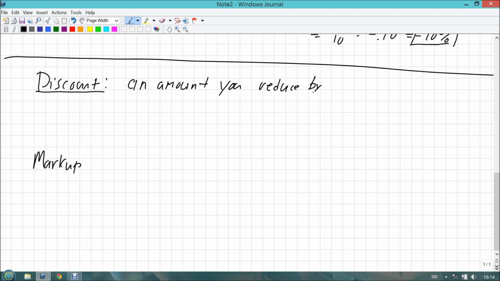For example, if you had a 10% discount on a purchase of $2,000 or more, then you would reduce your final price by 10% of what it was. And then the markup, well, it's the exact opposite. This is the amount you multiply or you increase by.